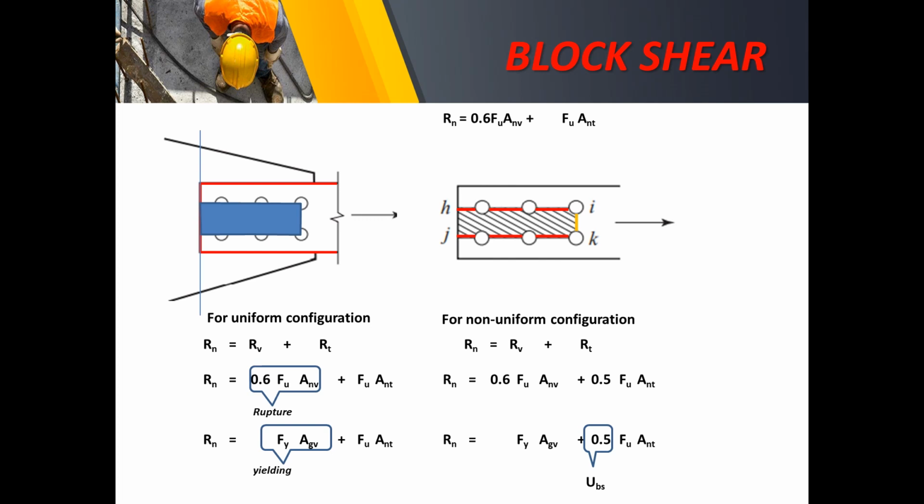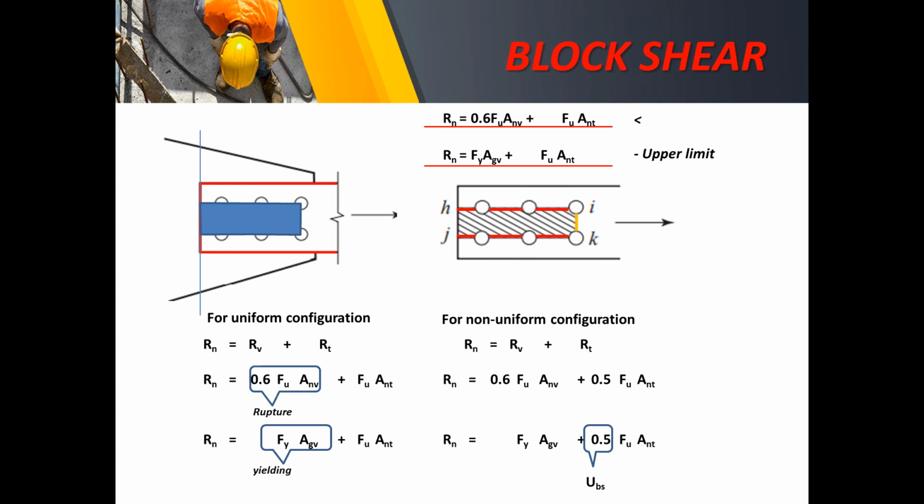From that, we can now have the equation Rn equals 0.6 Fu Anv plus UBS Fu Ant. And for the upper limit equation, you just have to deal with Fy for the first term and the gross area. Of course, this is the upper limit. So between the two equations, this equation should always be less than the upper limit equation.